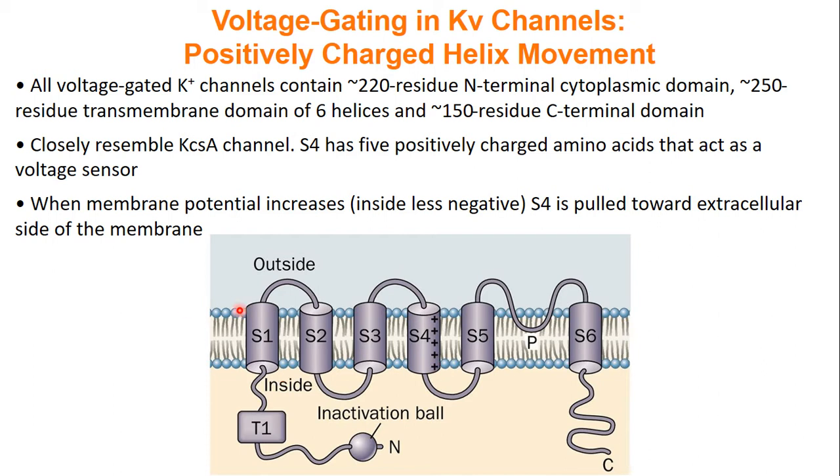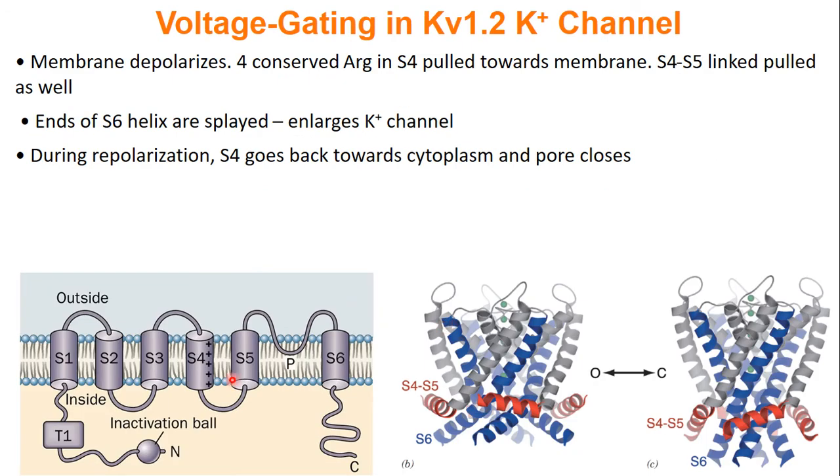Now, when your sodium channel opens and a bunch of sodium flows into the cell, the inside of your membrane becomes positive. When that happens, the positive residues on this channel will get away from the positive charge inside your cell. They will move to the outside of your membrane. So these arginines, I have 4 here, but I should say 5. These arginines are pulled towards the outside.